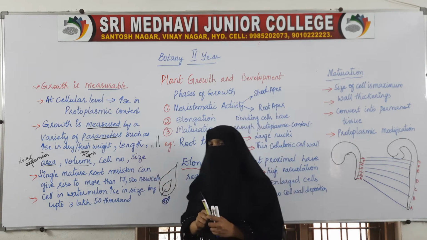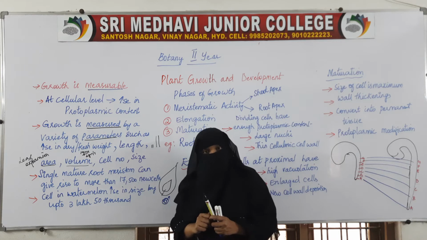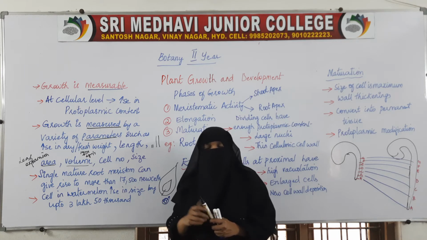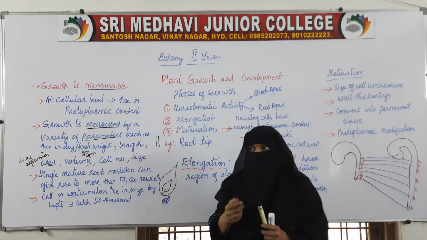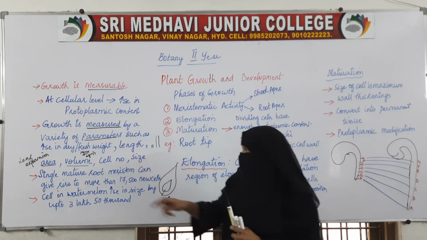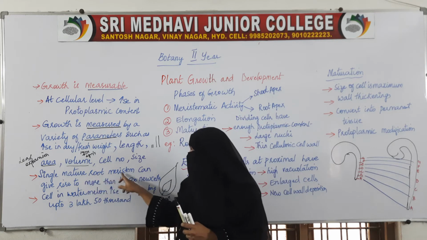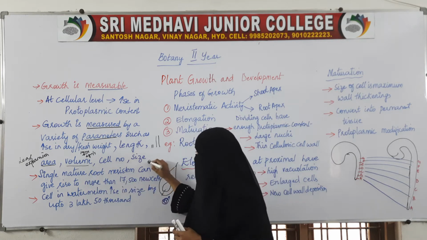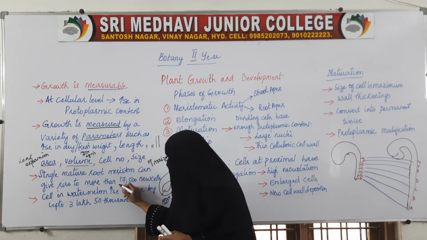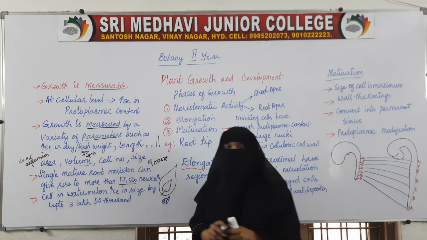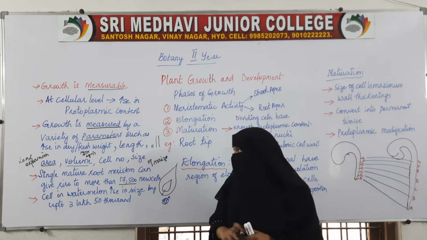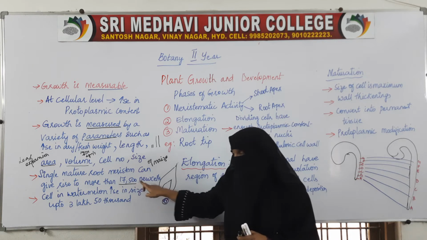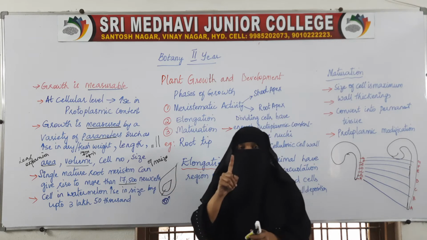Then increase in cell number. When we count the number of cells also, we can say that growth has taken place. One amazing example here: a single mature root meristem of a maize plant can give rise to 17,500 new cells in just 1 hour.